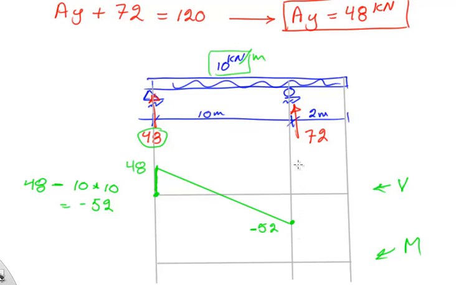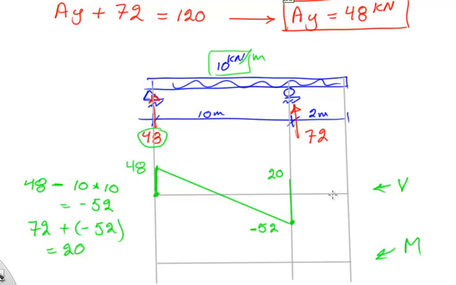Okay, now what happens? Now I have the 52 right here being pushed by a value of 72, so I'm gonna reach a point here which is 20. The reason it's 20 is because if you add 72 to the minus 52, you will get 20.